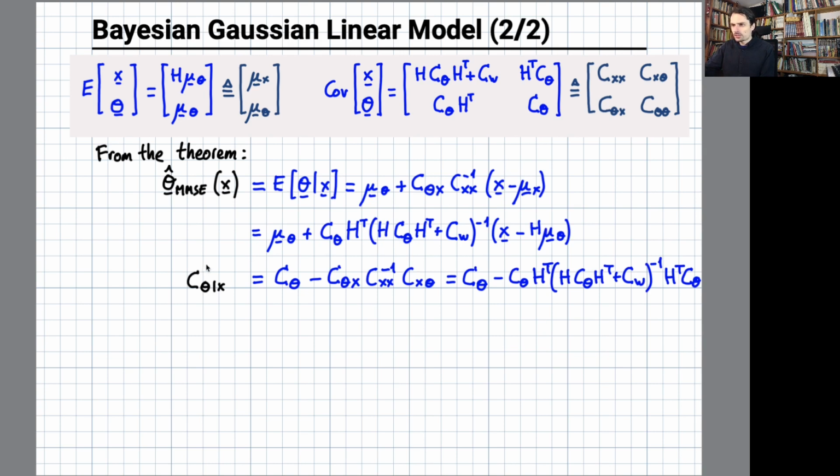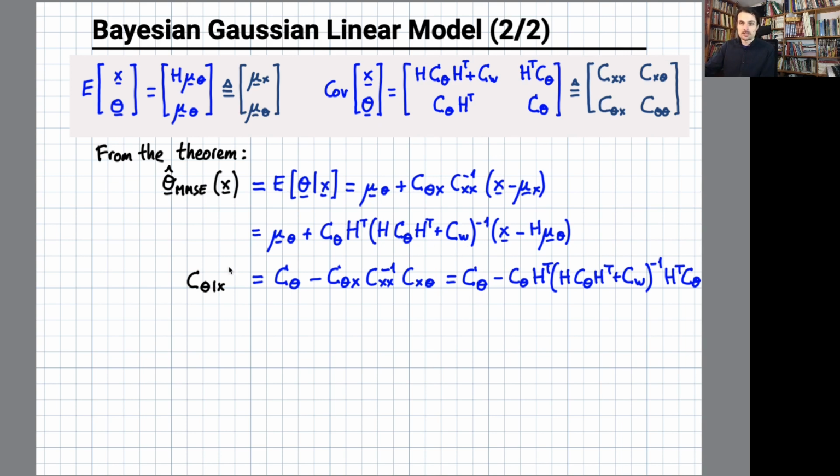For the posterior covariance, we also know by heart its expression given by the theorem that we mentioned earlier. And again, substituting the values of these covariances, we find its expression. Okay.